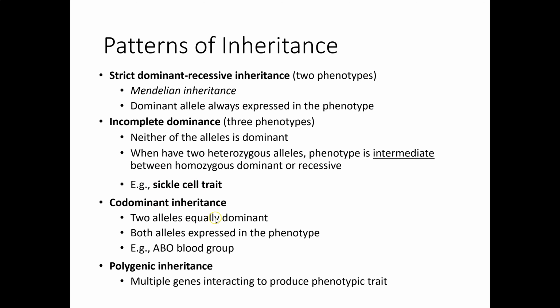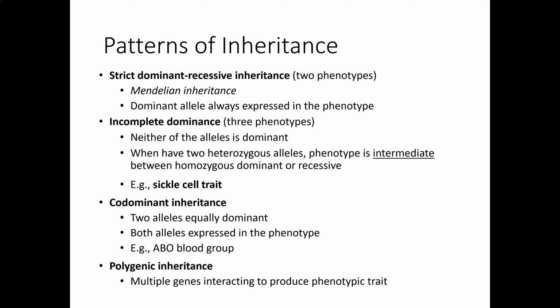But if you only have 2 alleles, we can think about a chicken that only has feather color. Now you have the red feather and the white feather. The red feathers are encoded by the red allele, and the white feathers are encoded by another co-dominant allele, and they are both equally dominant.